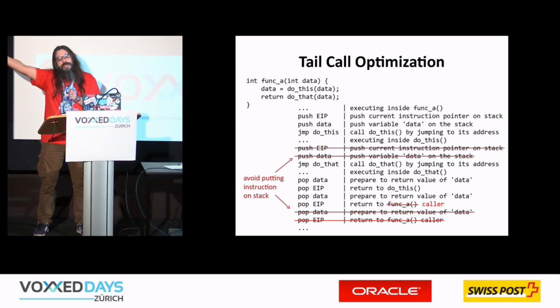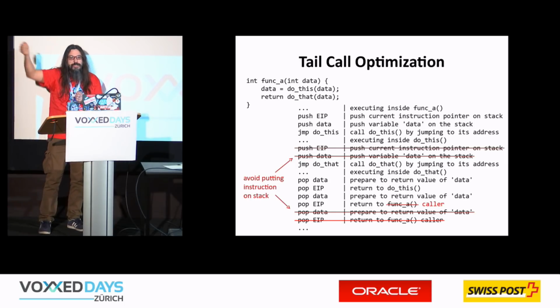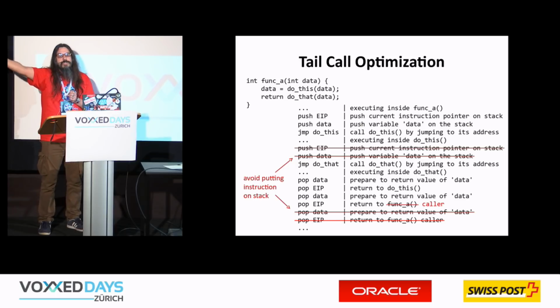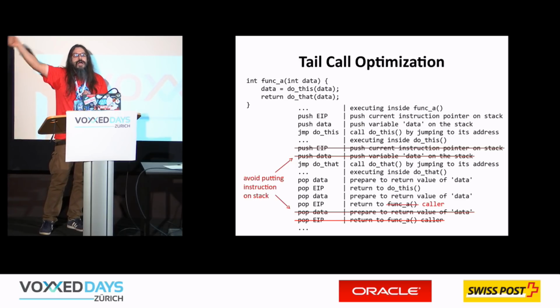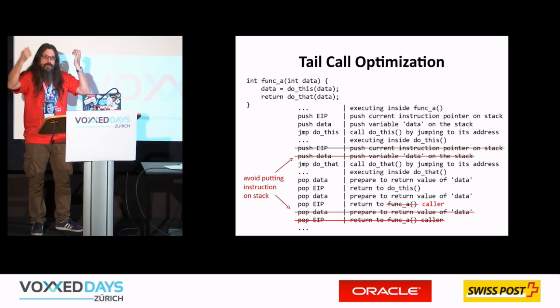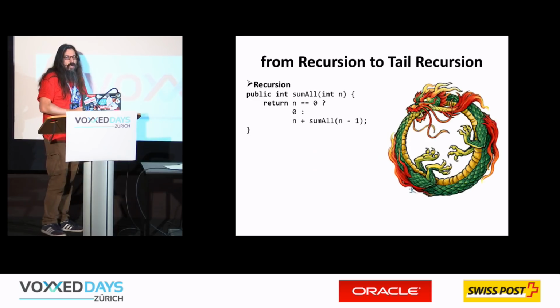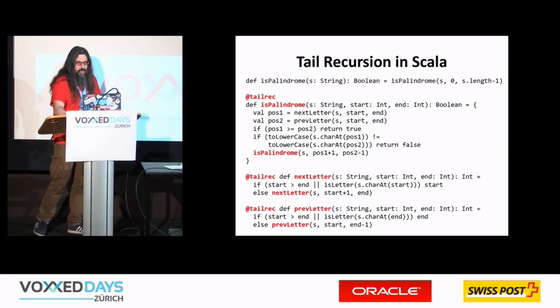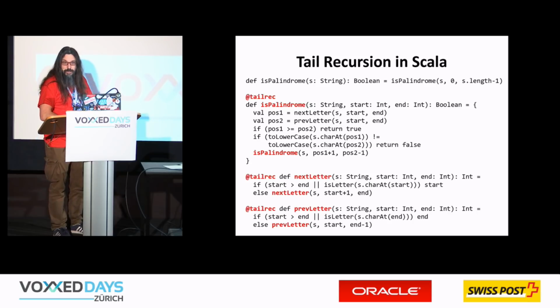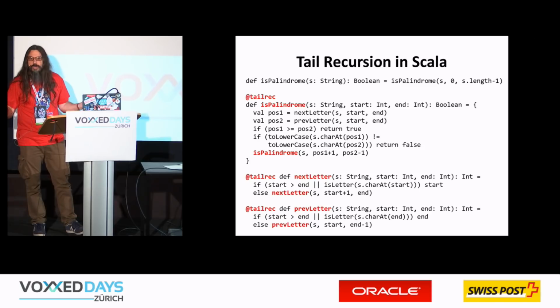The control is directly passed to doThat, because that is the value that I'm returning. This is called tail call optimization: the old function is popped from the stack before adding the new one. So my algorithm would work in Scala, and this is exactly the same algorithm in Scala, and it works without any problem.